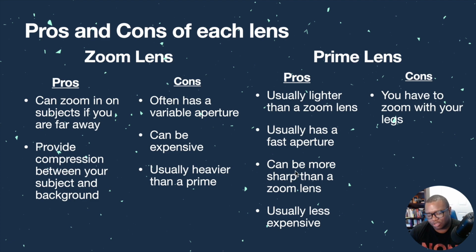If you are stuck in one area and the only way that you can get closer to your subject or work on composition with framing and stuff like that is to zoom in, then you automatically have to shift to a zoom lens. But there are other reasons, like if you need to separate, like for headshots, you need compression.